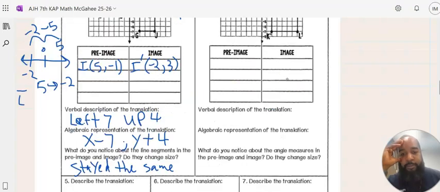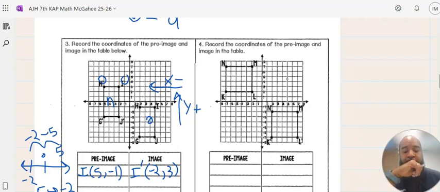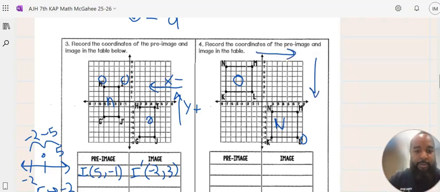Okay, so then if I look at this point here in number 4, well, this time my original is here, right? Because notice no notations. If I look at L and M and N, I can see that there's a little notation right there. So this is going to be my new, okay? So this tells me that I went to the right and I went down to make my shape.